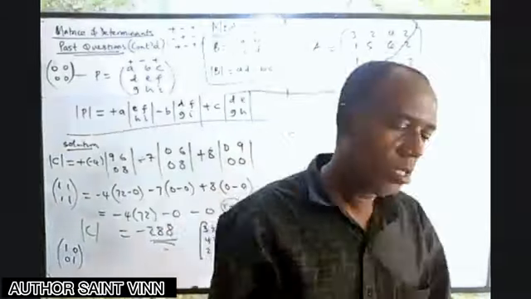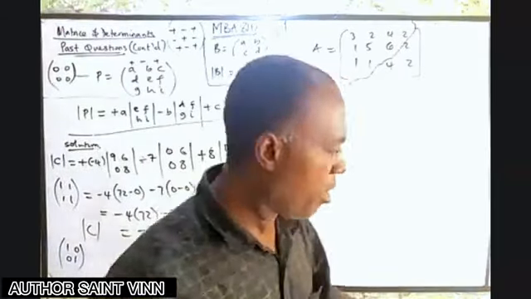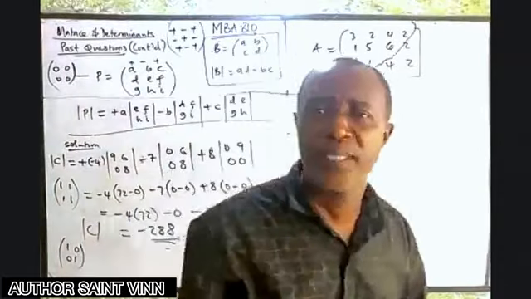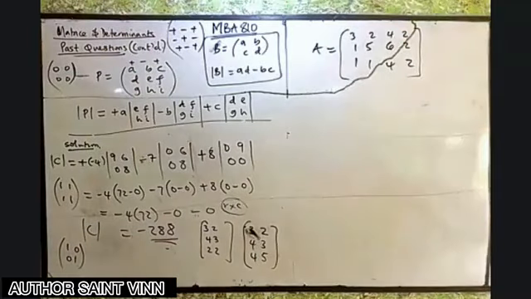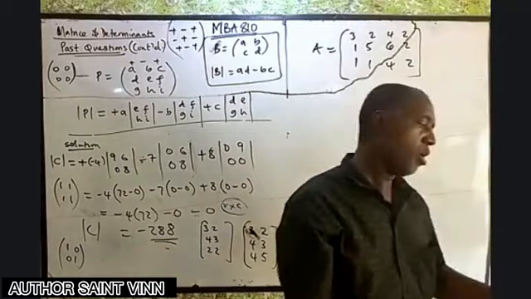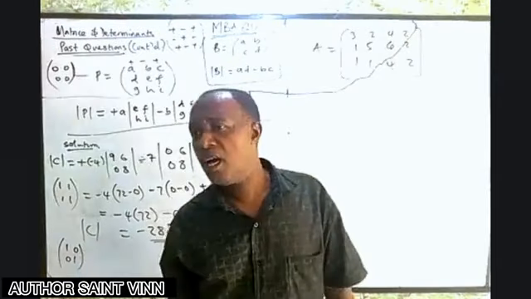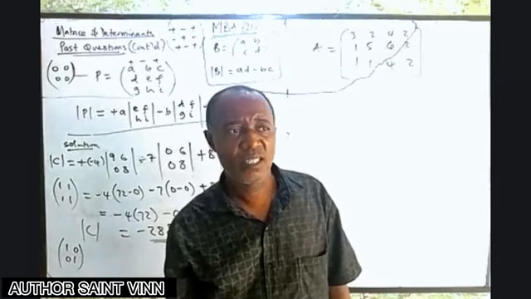Then D has a 6 there, but we can't pick 6 as a matrix. A matrix must have rows and what? Is there a row there? Is there a column? So the answer is D. Is it clear? The 6 doesn't become a matrix.